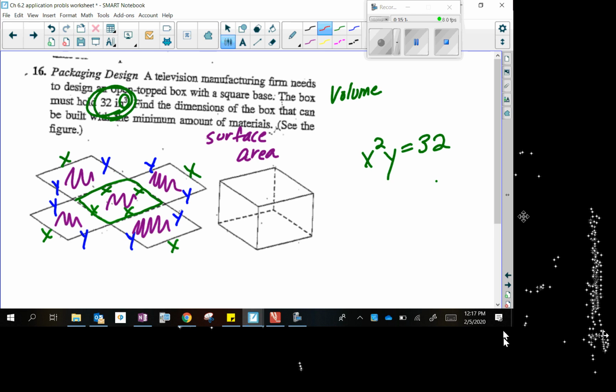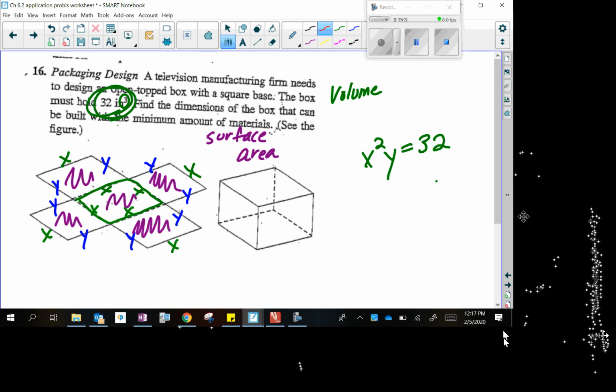Well, 5xy, so this is going to be xy, right? How many xy's are we going to need? Well, this is xy, this is xy, this is xy, and this is xy, right? And by xy, we're talking about the area of this square, which is length times height.